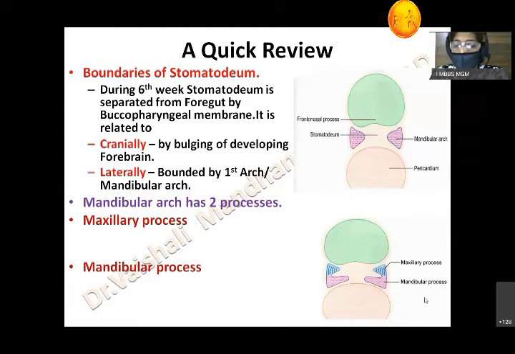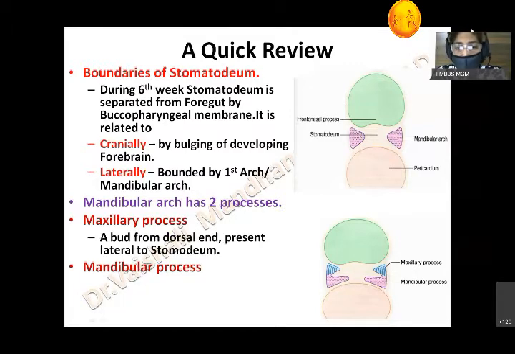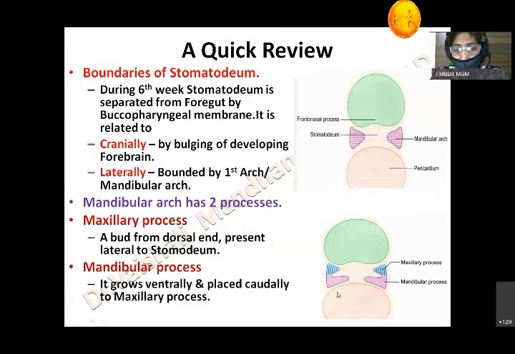Now, this is the figure showing the two processes. This is the maxillary process, blue color, and pink color is the mandibular process. Okay. This maxillary process arises as a bud from the dorsal end and is present on the lateral aspect of the stomatodium. And the mandibular process develops a little caudal to the maxillary process.